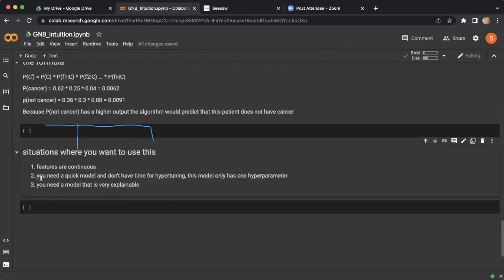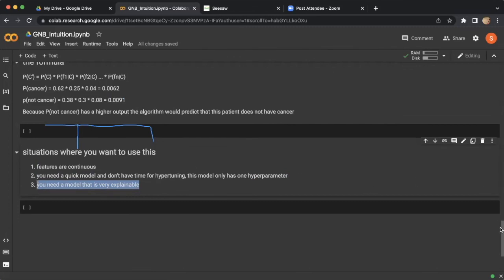They're very fast models. And also you want a model that is very explainable, because if you're going to have to explain the results of your model to someone, especially someone that doesn't really understand this technology very well, you're going to want something that is very easy to explain.